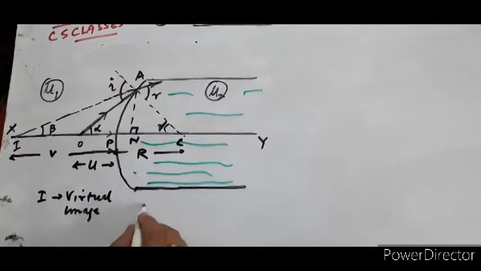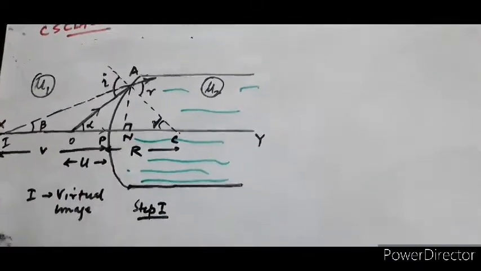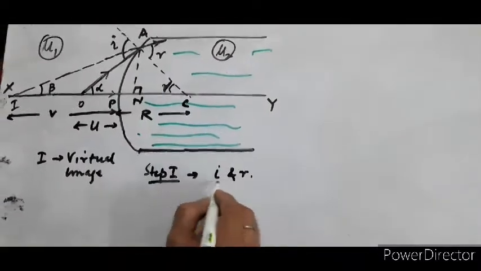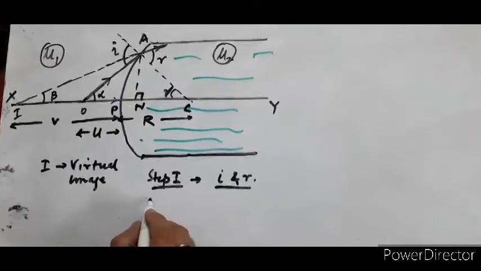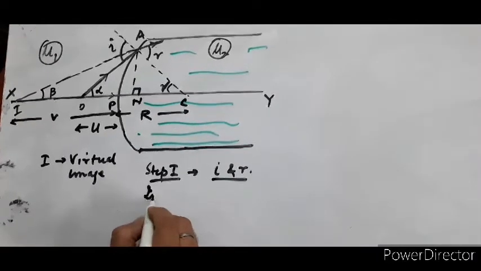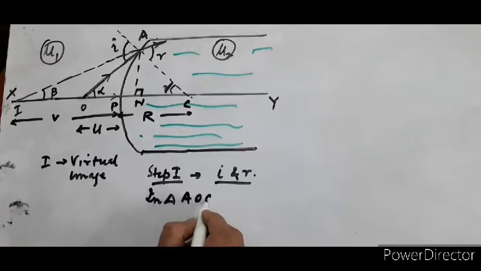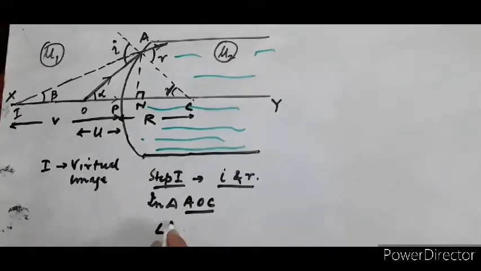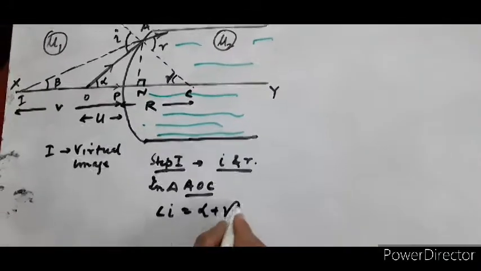Now, step 1: the same steps, the same technique, to find I and R using the exterior angle theorem. For finding I, in triangle AOC, angle I is equal to alpha plus gamma.